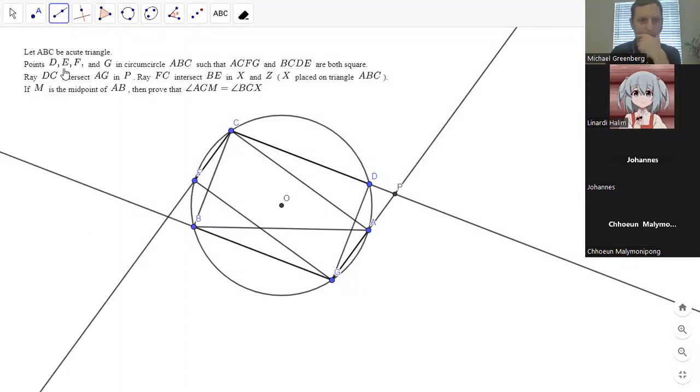I'm a little confused. Oh, you think it is a square, not a rectangle. Are they inside the circumcircle, or when it says in circumcircle? Oh, maybe, yeah, I'm a little bit confused here.